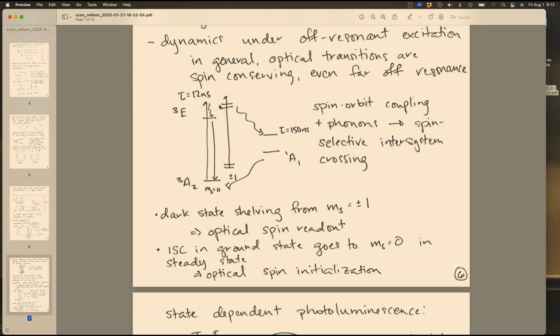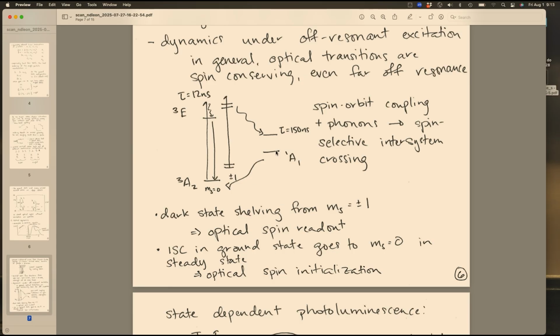Your excited state lifetime is 12 nanoseconds, and my singlet state lifetime is 150 nanoseconds. So if I count photons in a window that's relevant to this 150 nanoseconds, then in one of the spin states it would just look dark, and in the other spin state it would look bright. So that's the basis of optical spin readout.